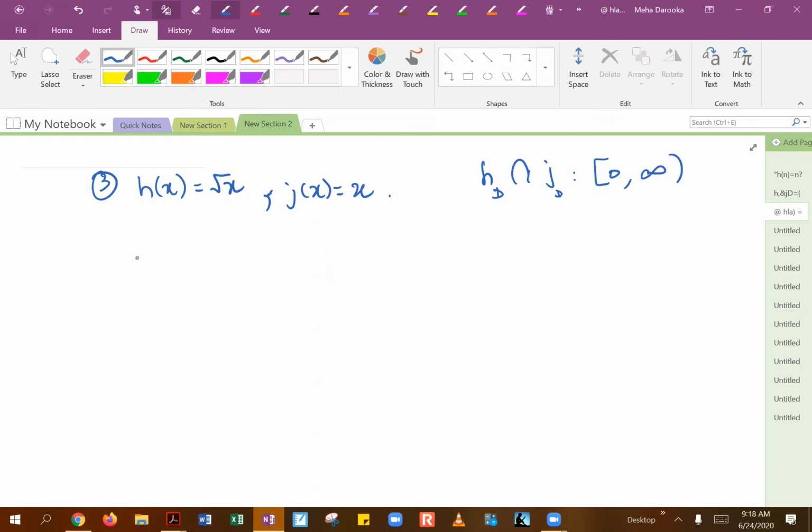Alrighty, so let's do our first one, which was h minus j. Since we're looking at the equations, we'll write these with the x variable itself. So you are doing h of x minus j of x. h of x is square root of x, minus j of x, which is x. Is there anything we can do to combine or simplify this, or do we just leave it as it is?